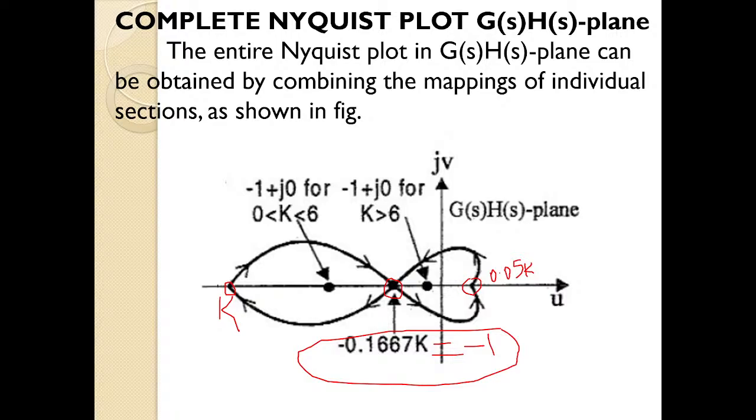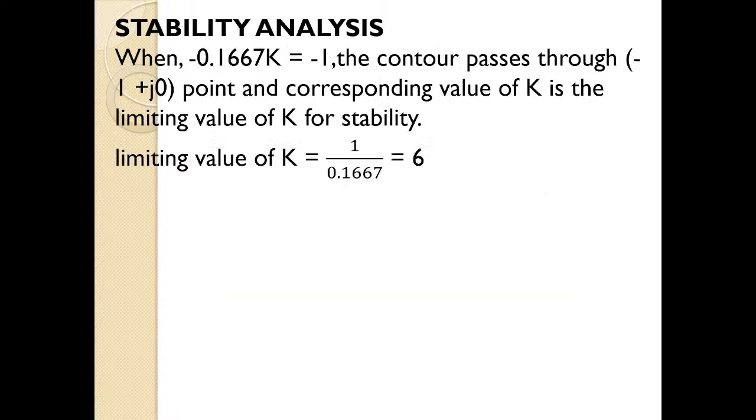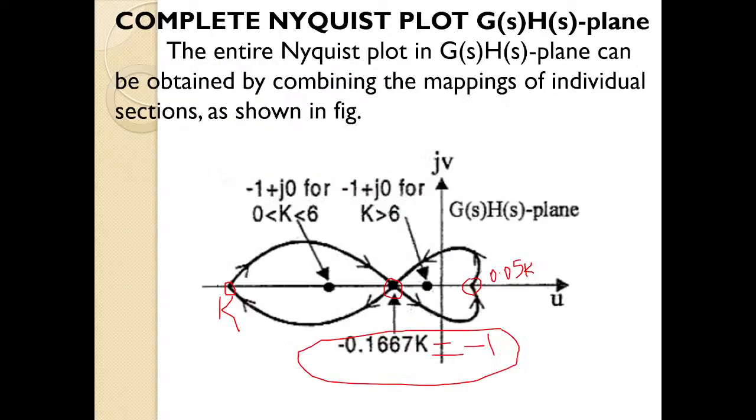Assuming -0.1667K is equal to -1, you simplify it and you get K equal to 6.